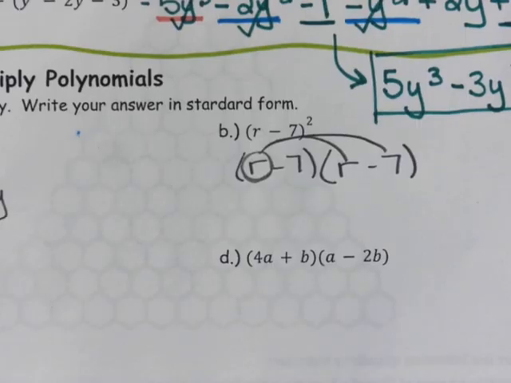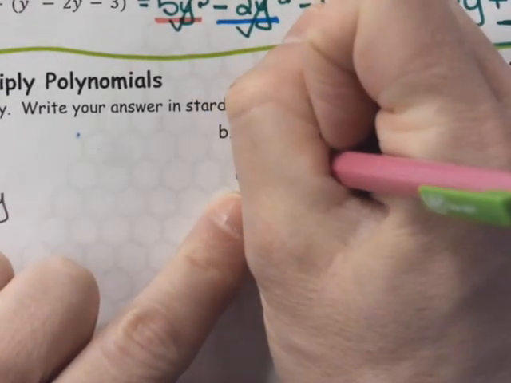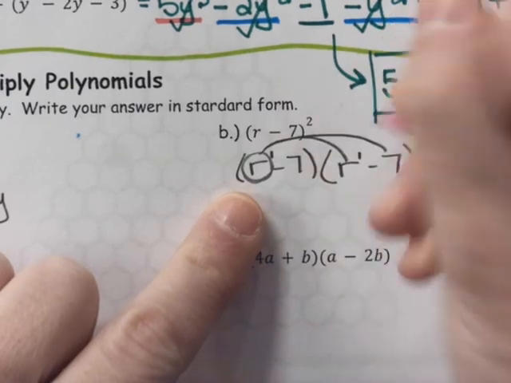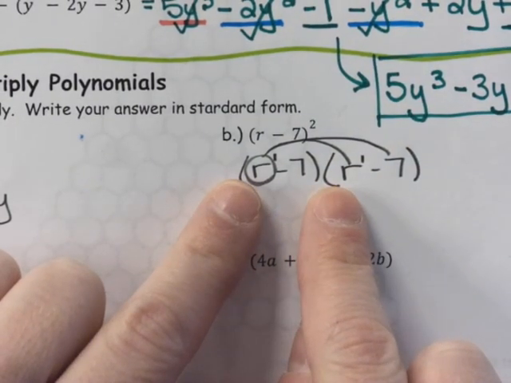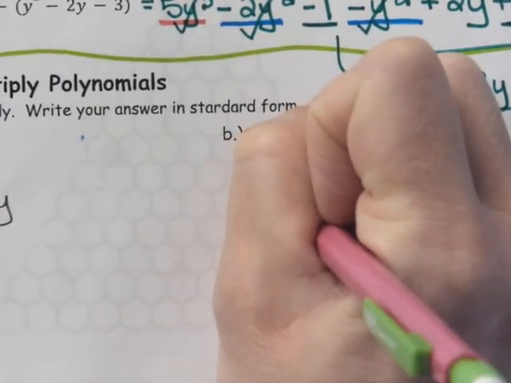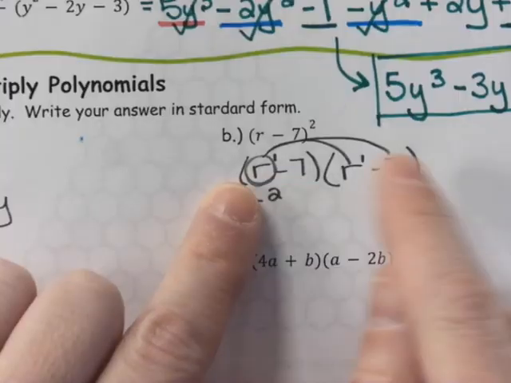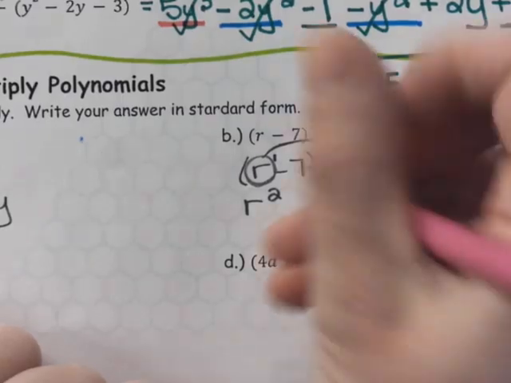So it's like I'm distributing. Let's put in ones for our exponents. R to the first times R to the first. We add our exponents. What do those add up to? R to the second. R times negative 7 is negative 7r.